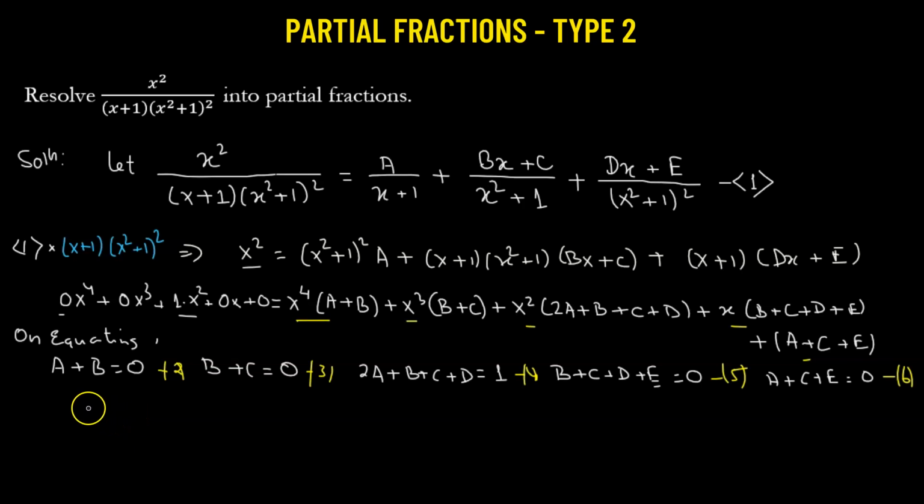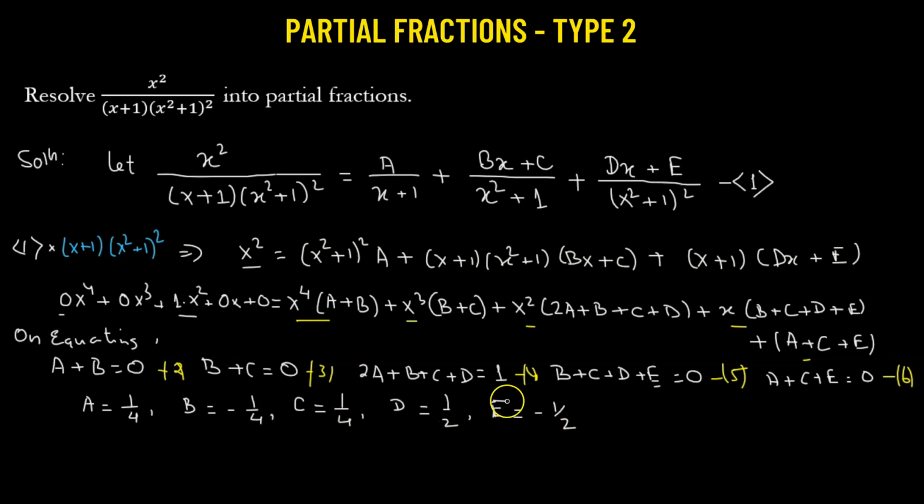I'm going to state the values. a is equal to 1 over 4. Then b has the value negative 1 over 4. c has the value 1 over 4. d is equal to 1 half, and e is equal to negative 1 half.